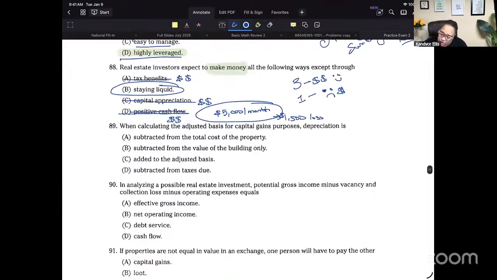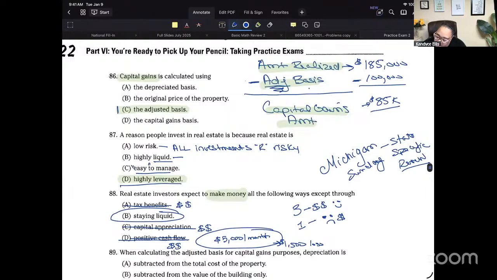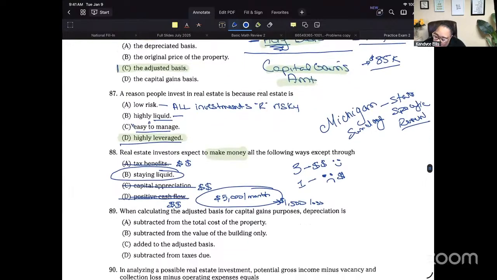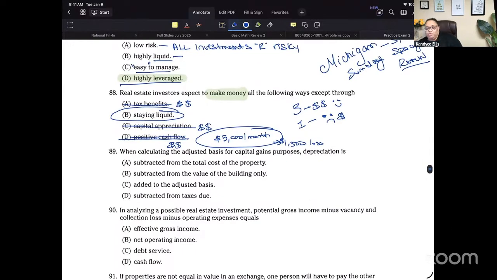Well, I said to you all earlier, the adjusted basis is the money that you bring in, that you put into the property. So I would say it's not from the total cost of the building, subtracted from the value of the building only. Well, yeah, remember, land doesn't depreciate.